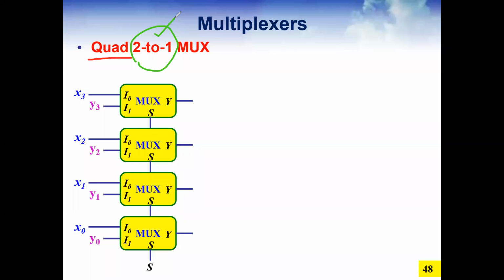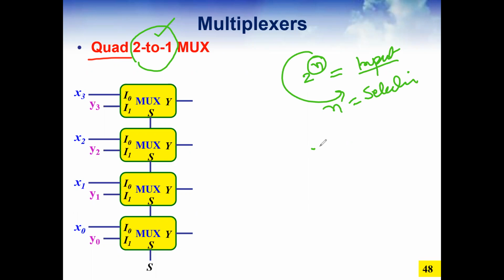One selection line. I told you the selection line rule is 2 to the power n, where n is the number of selection lines and the result is the number of inputs. So how do you write 2-to-1? It means 2 inputs and 1 selection line, and the output will always be 1.